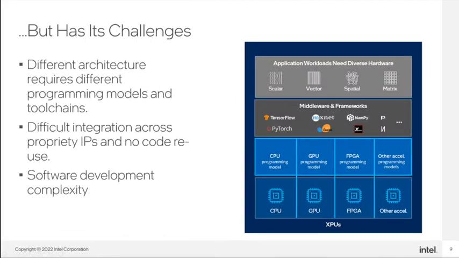Okay, but even though heterogeneous computing is great, it has had its challenges. So all of these different architectures have traditionally required different programming models, different programming languages, and different tool chains. So there's a lot of learning that had to go on. And if you wanted to target something like an FPGA, you really had to have a specialist, right, that could write RTL to get whatever algorithm that you wanted going.